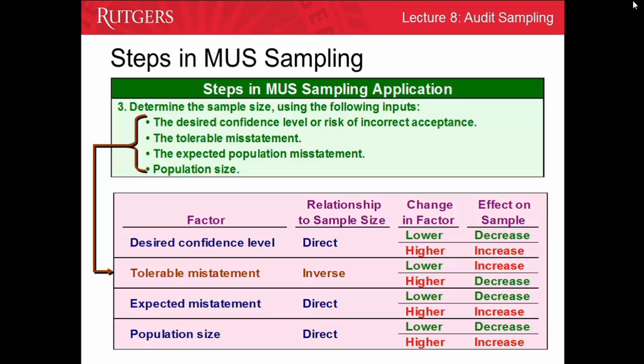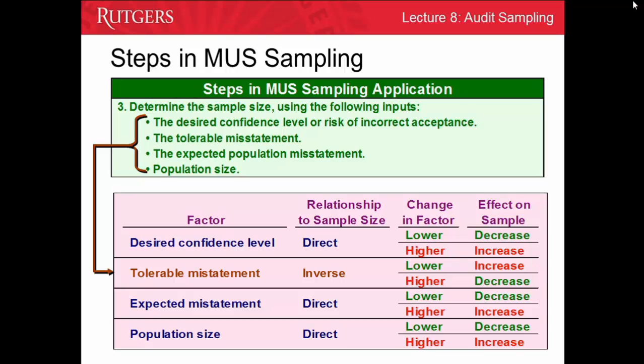Then for the expected misstatement, which is the dollar amount of misstatement that the auditor believes exists in the population, the auditor can develop this expectation based on the assessment of inherent risk, prior year's results, a pilot sample, the results of related substantive procedures, or the results of tests of controls.